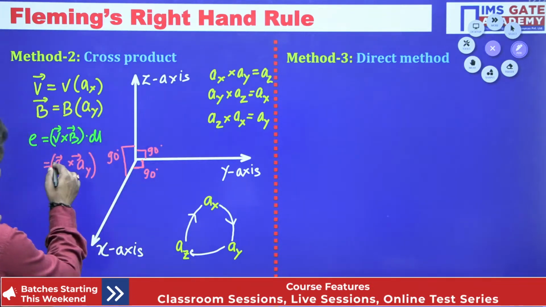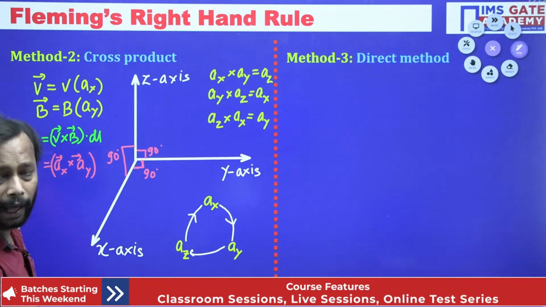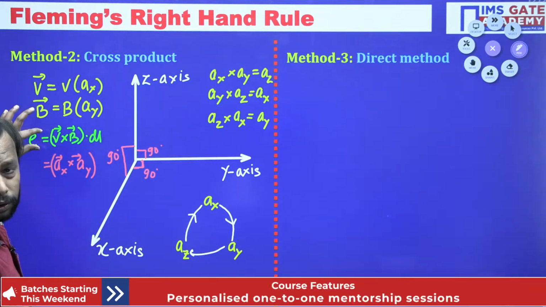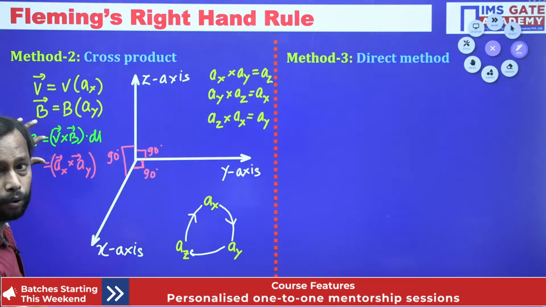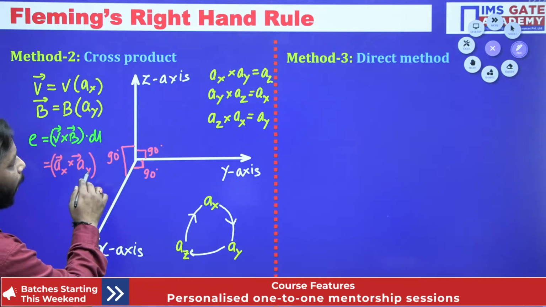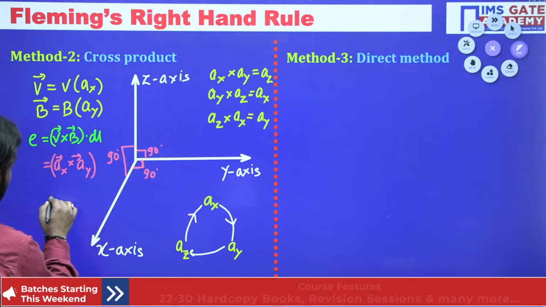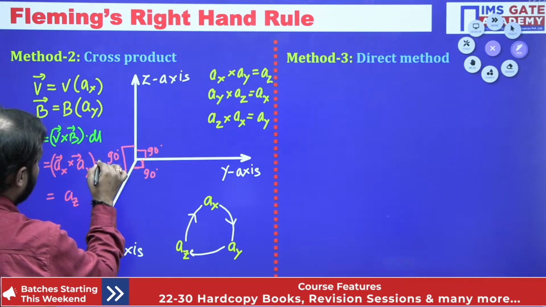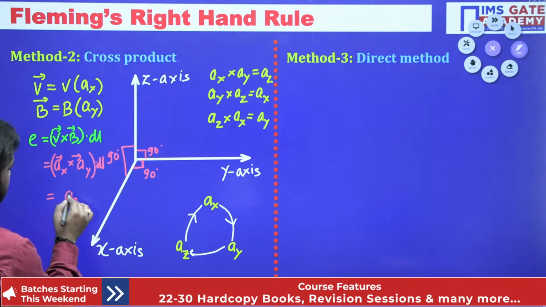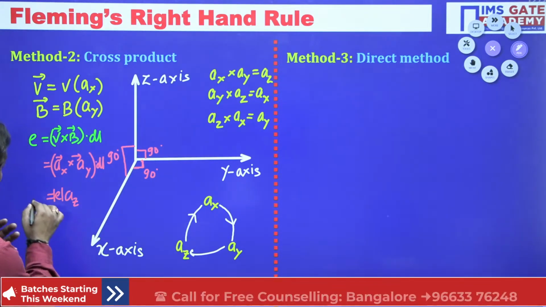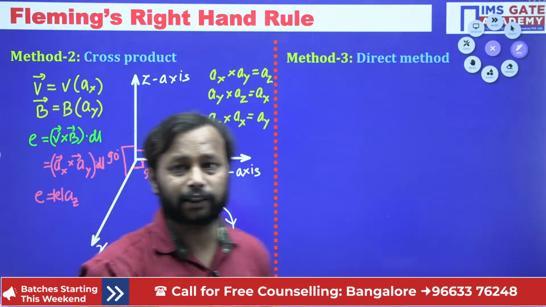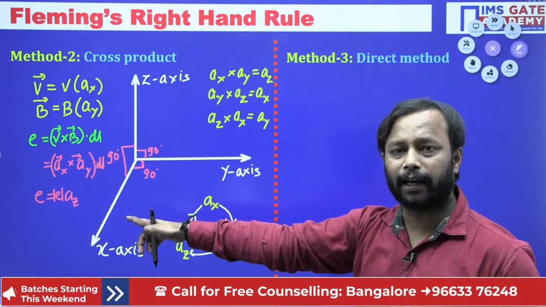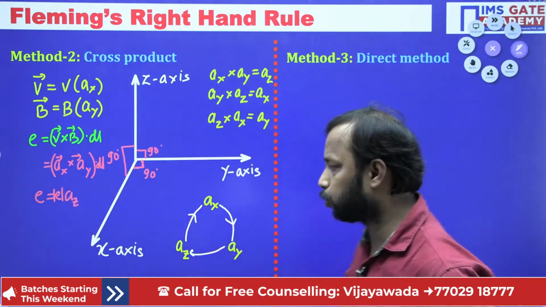So the resultant of these two gives the direction of EMF, which will produce the induced current. AX into AY is AZ, so this gives the magnitude of EMF, which is in the AZ direction. So this produces your induced current.